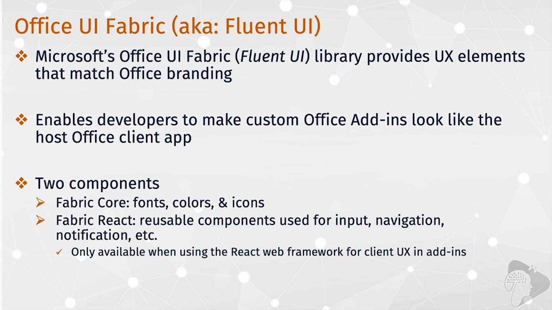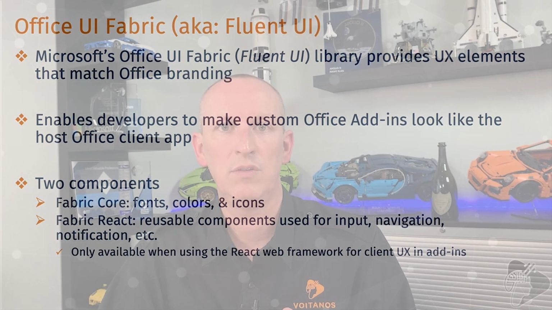You have access to the fonts, colors, and icons that are used inside of the Office app, so you can make sure you're working with things that match the theme of the hosting app. Fabric React provides core elements that add input, navigation, and notification components and a lot more. These are only available when you're using the React web framework when creating your Office add-in.